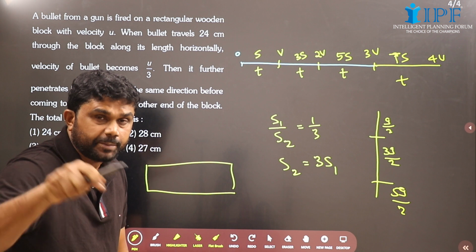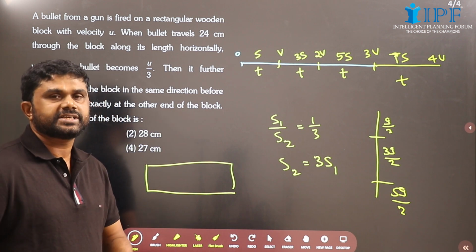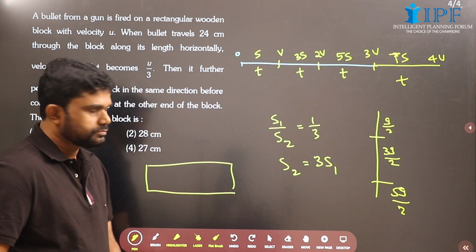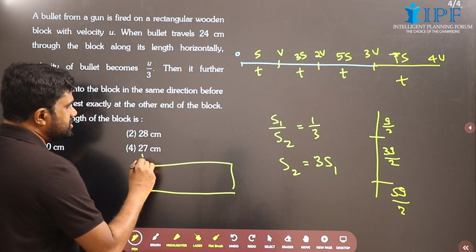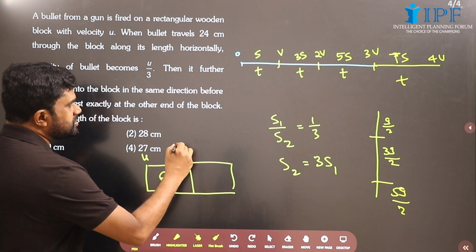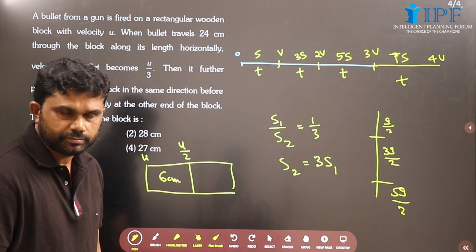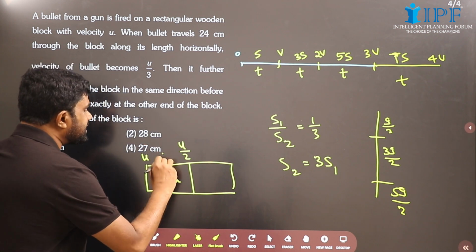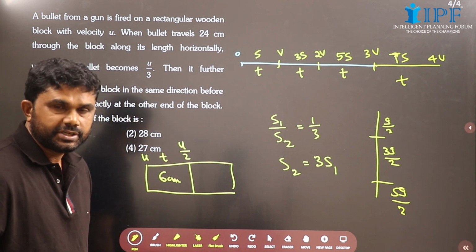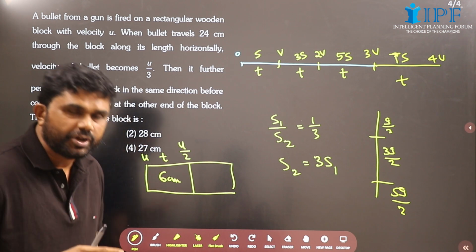Okay, now consider, see, bullet. It loses 50% of its initial velocity after penetrating, say, 6 centimeter. Okay, so here the velocity is u. After penetrating 6 centimeter, it loses half of its velocity, u by 2. Means velocity becomes u by 2. Okay, if it requires a time t for this, the deceleration is assumed to be uniform.